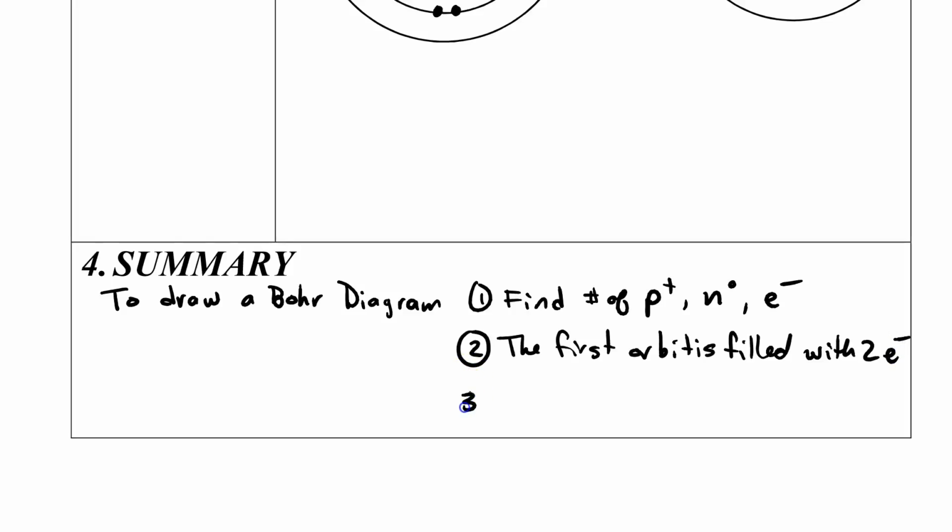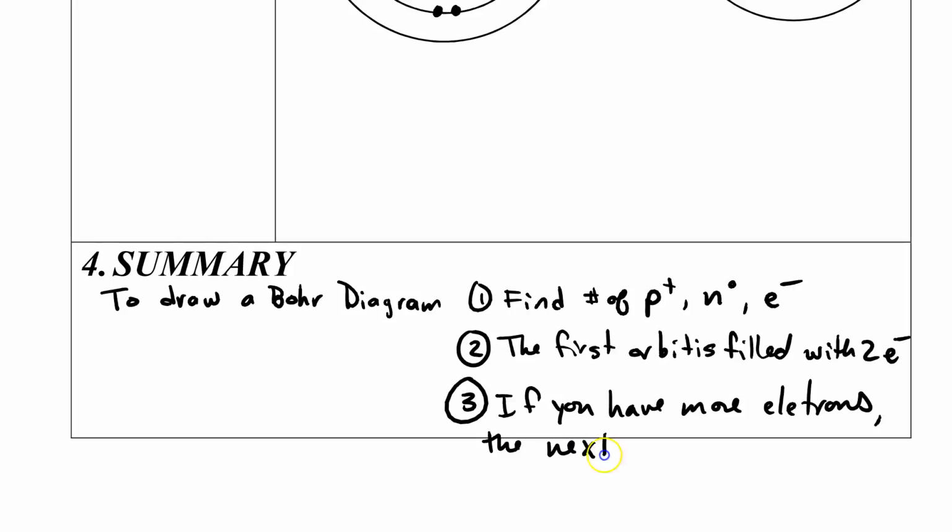Okay. 3, if you have more electrons, the next 2 orbits can hold 8 each. I'm also just going to remember the shortcut.